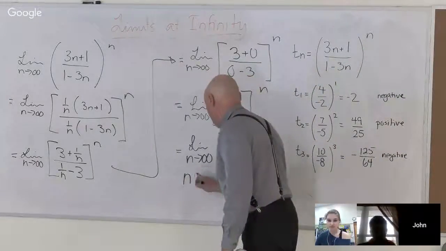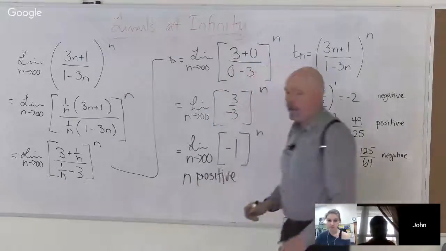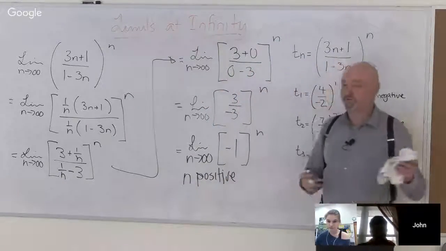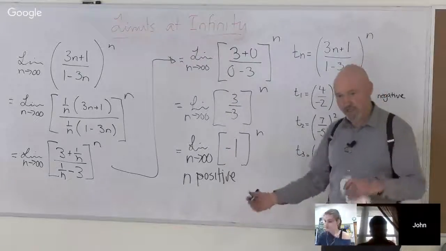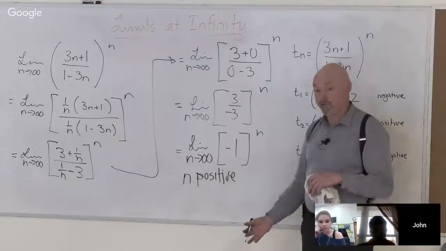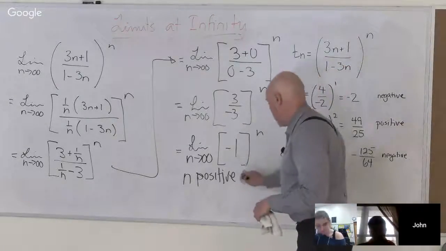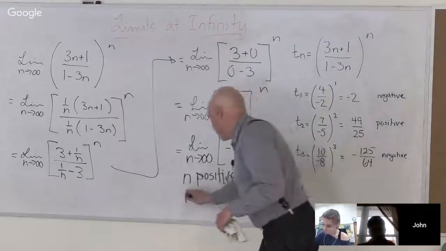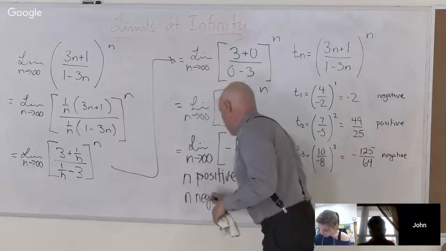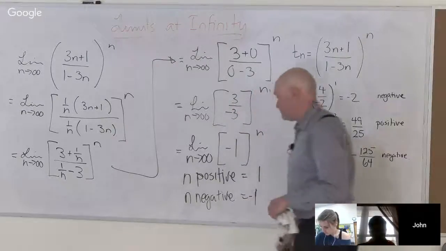So this could be either positive or negative 1? Yeah. Every term is going to switch from being positive to being negative. So consecutive terms are actually going to go positive 1, negative 1, positive 1, negative 1. So if n is even, this is equal to 1. And if n is odd, this thing is equal to negative 1.